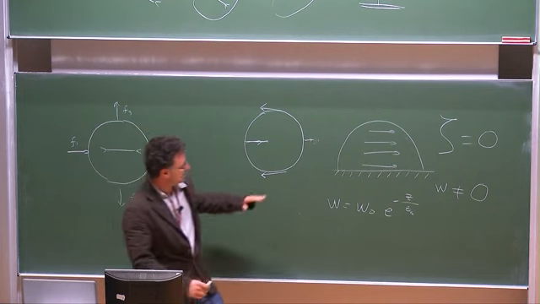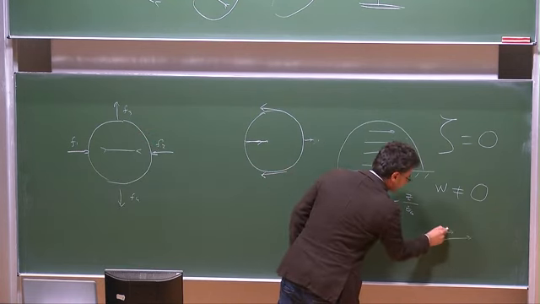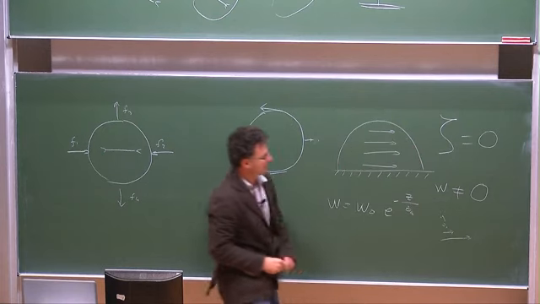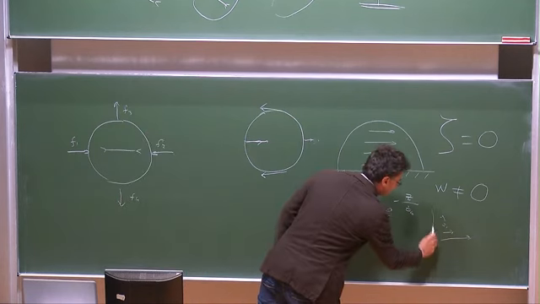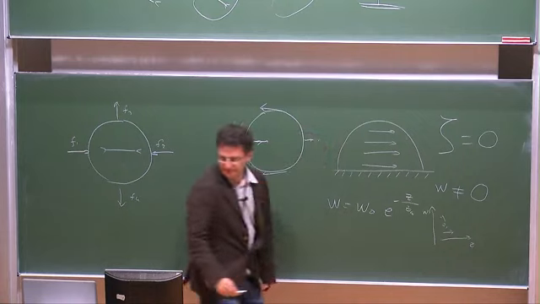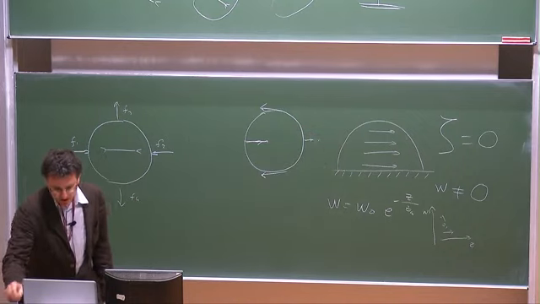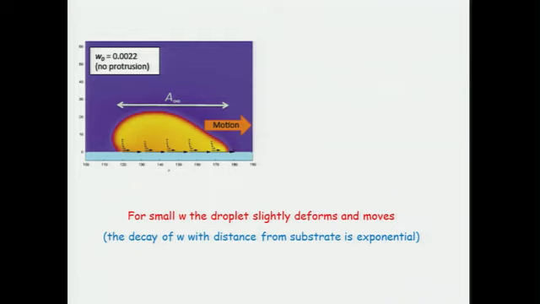The polymerization works like this, that's W of z. For small treadmilling, the droplet just deforms and moves along that direction.